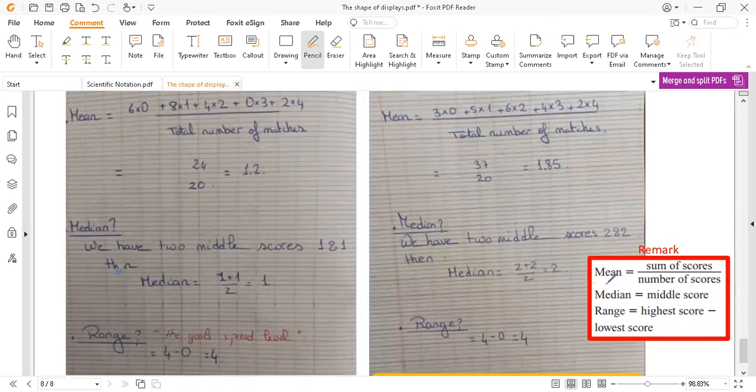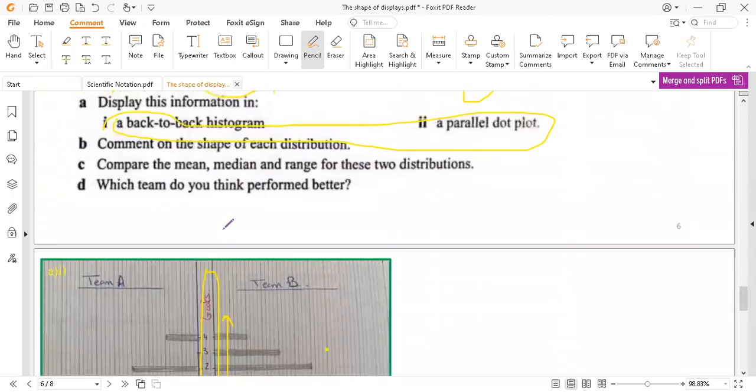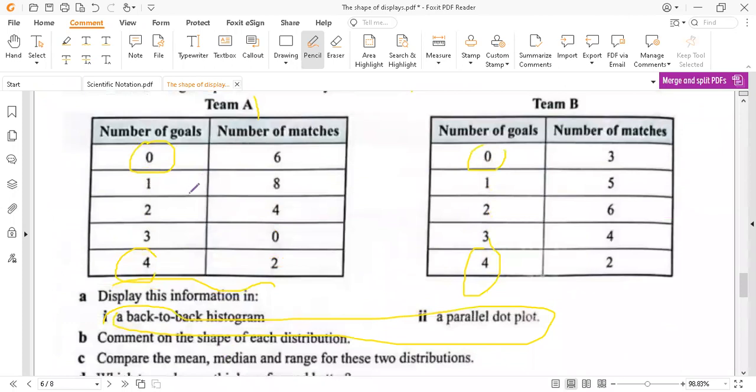About the mean, it is easy to calculate for each team. How? We have 6 matches where they scored 0 goals, 8 for 1 goal, and so on. So we multiply 6 by 0 plus 8 by 1 plus 4 by 2 plus 0 by 3 plus 2 by 4.